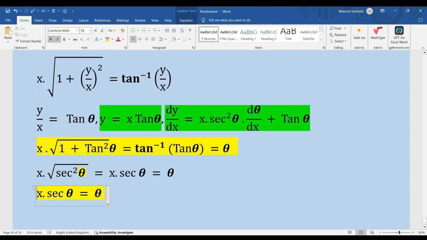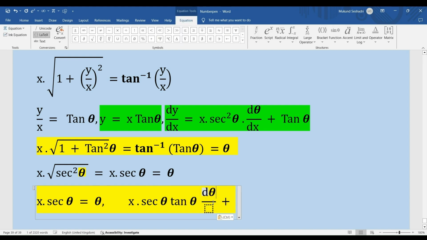X times secant theta equals theta, right? And let me apply the product rule here. When I apply the product rule, I get x times my secant theta; d by dx of secant theta is nothing but secant theta tan theta, right? So I have a d theta by dx because I'm differentiating with respect to x.